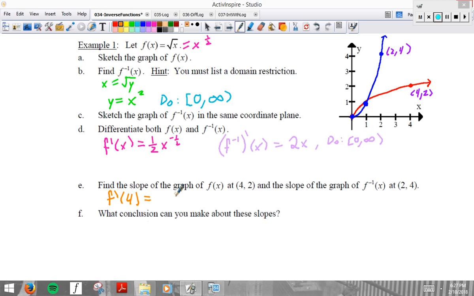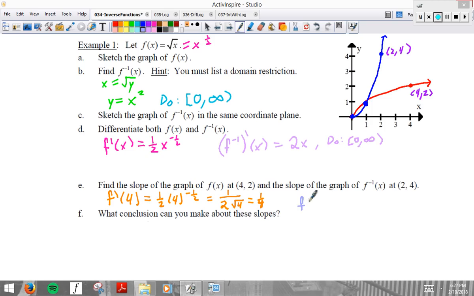So that'd be 1/2 times 4 to the negative 1/2 power. Let's simplify that, shall we? 1 over 2 times the square root of 4 on the bottom, which is 1/4. So the slope at (4, 2) is 1/4. Cool. I think it's cool.